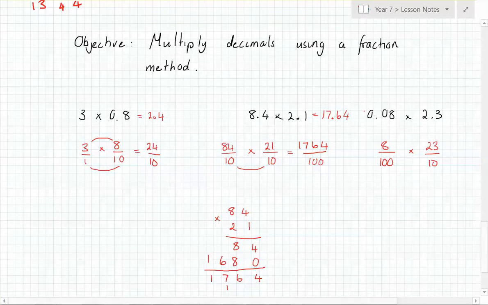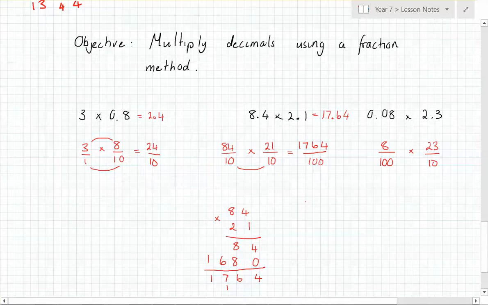Because you have the tenths and you have the hundredths, and so you wouldn't say 64 because it's not a whole number.